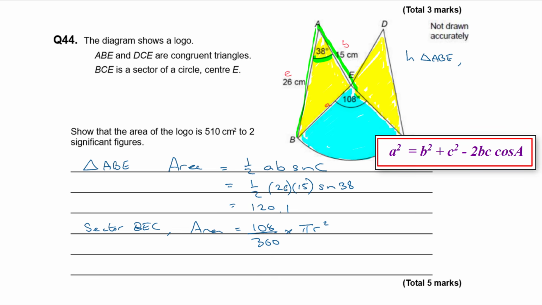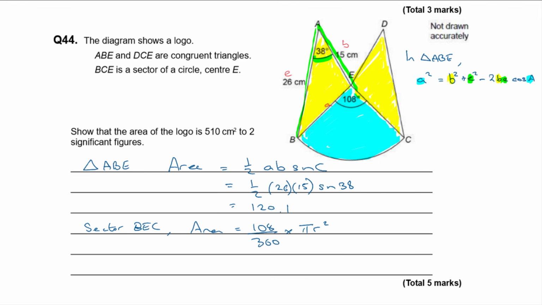So I've got sides b and e, and I want side a. So I'm going to start with a at the front of my cosine rule: a squared equals b squared plus e squared minus 2be cos A. Just remembering the pattern that we talked about earlier, that b repeats, e repeats, and it starts and ends with the same letter. So yeah, that's the formula.